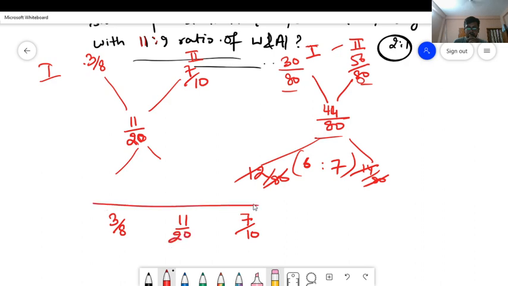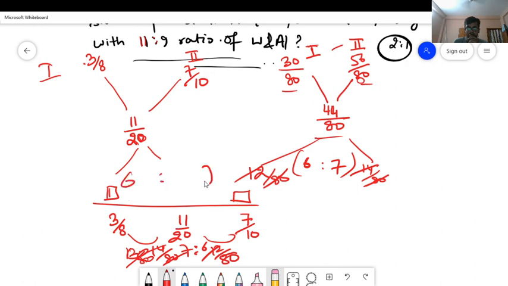We would also need to do the same here, and we will get the same answers, but it would be reciprocal. This would be 14 upon 80, and this will be 12 upon 80. We have to reciprocate it, as 7 is to 6 has been given here. So 6 is to 7 will be the ratio. Done with it? Nothing else to show here?